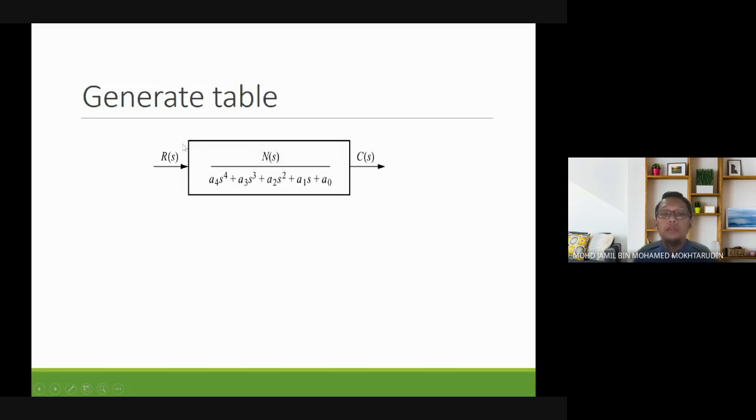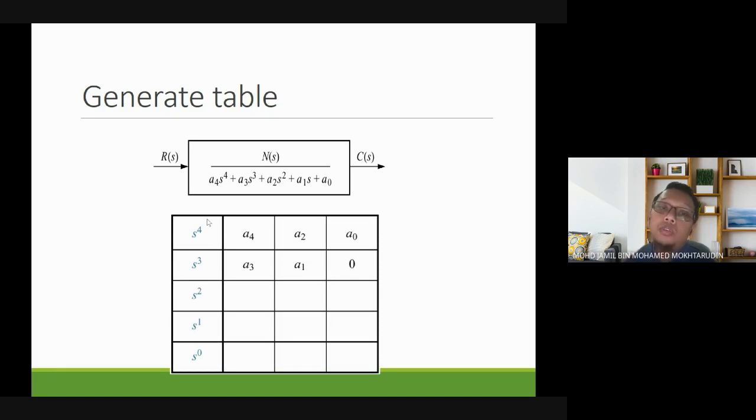Let's say you have an open loop transfer function, N(s) divided by a4 s power 4 plus a3 s power of 3 plus a2 s power of 2 plus a1 s plus a0. To generate the table, the first thing you need to do is determine the highest power of s of the denominator.